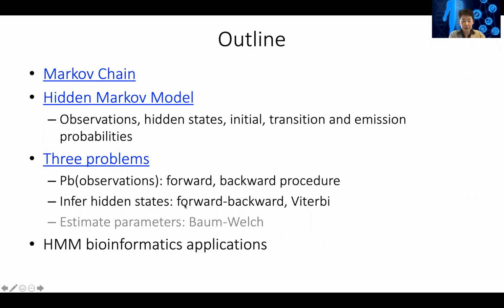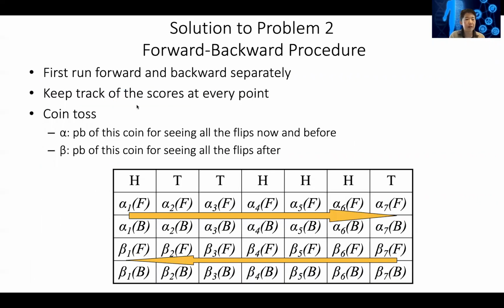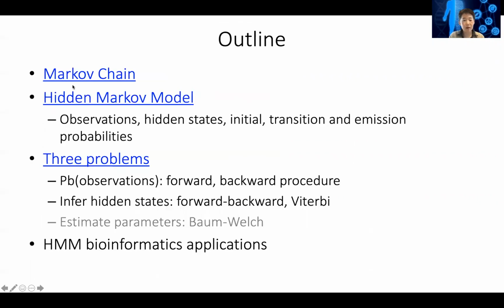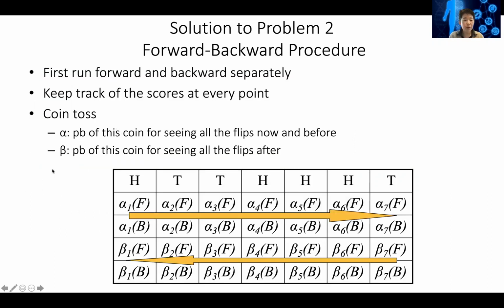If I have a particular observation, a string of coin flips in this case, I would like to ask, if I don't know the hidden coins, can I guess what that hidden coin is? So if I have a string of coin flips like HTT, HHHT, I would ask, what is the probability the first coin is a fair coin, the second coin is a fair coin, and so on.